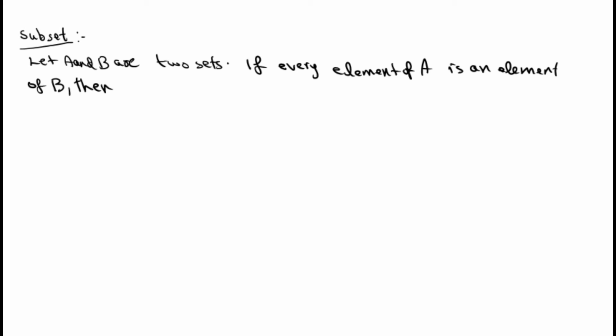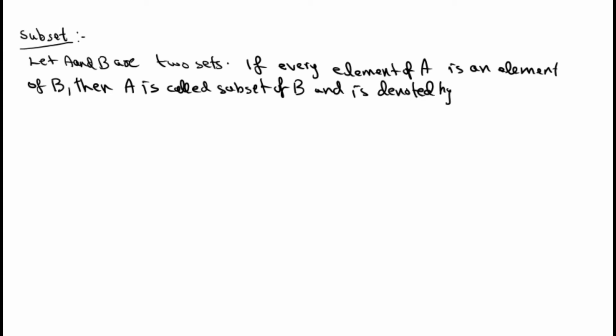If every element of A is an element of B, then A is called a subset of B, and is denoted by, okay, A is the subset of B.